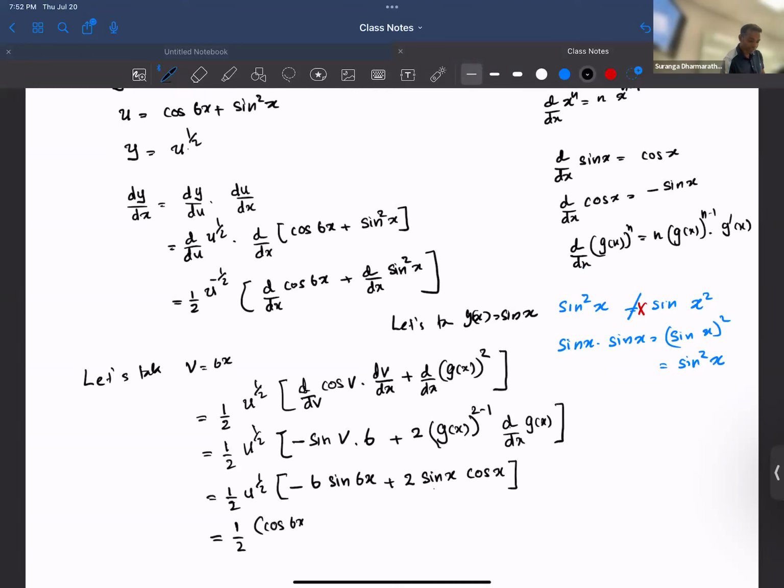Cosine 6x plus sine squared x to the half, and then you have 2 times sine x cosine x minus 6 times sine 6x. That's your derivative.